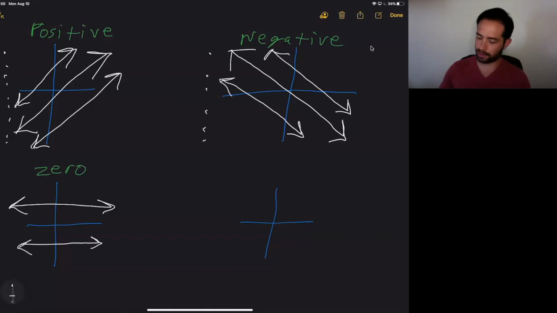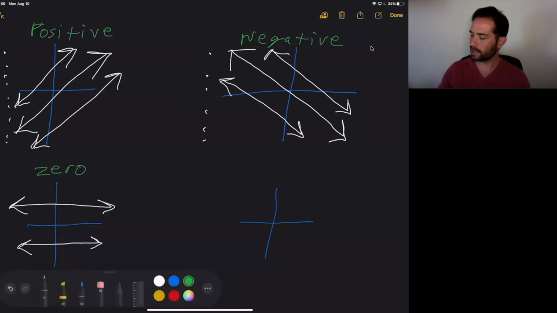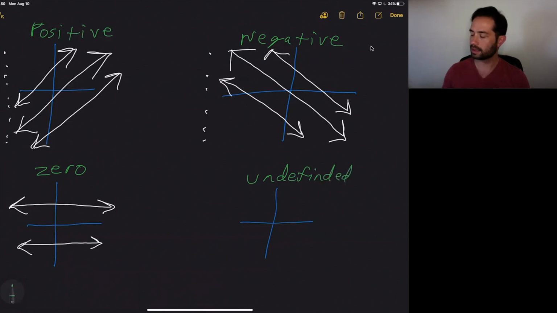Okay, yep, there is one more, and that is undefined. Undefined. It's possible that I spelled that wrong. Bear with me here, everybody.